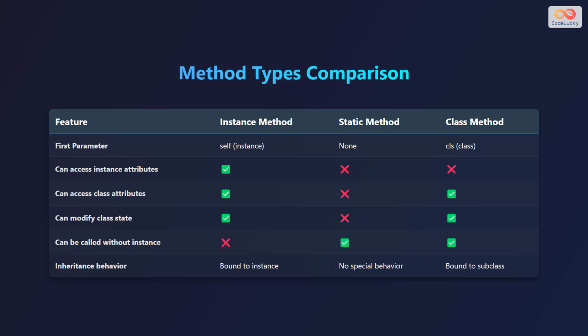Both instance methods and class methods can access class attributes, whereas static methods cannot. Only instance methods and class methods can modify class state. Static methods and class methods can be called without creating an instance of the class, but instance methods cannot. Instance methods are bound to the instance, static methods have no special inheritance behavior, and class methods are bound to the subclass.